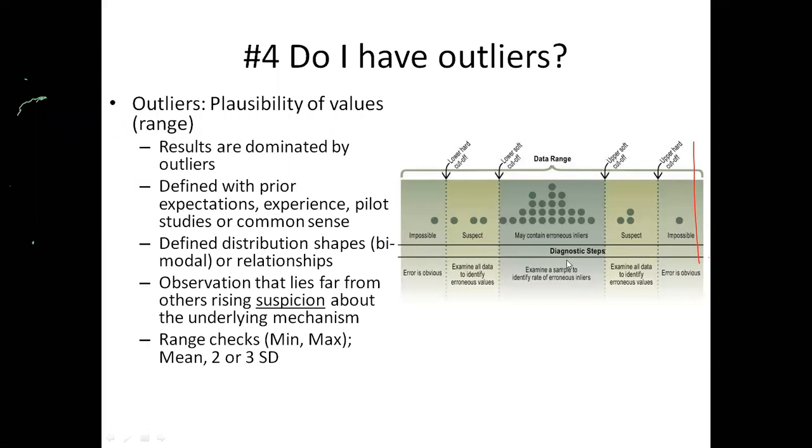So that's an important step in looking at the plausibility of values in the data, and the main reason is that results could be dominated by outliers. If you don't examine outliers, and you have even a few outliers in your data set, your results could be influenced by these few outliers, right?